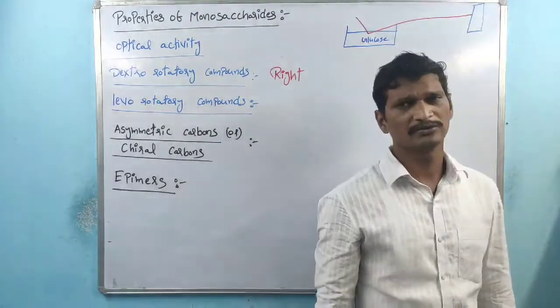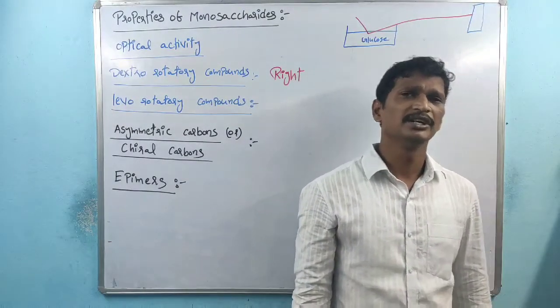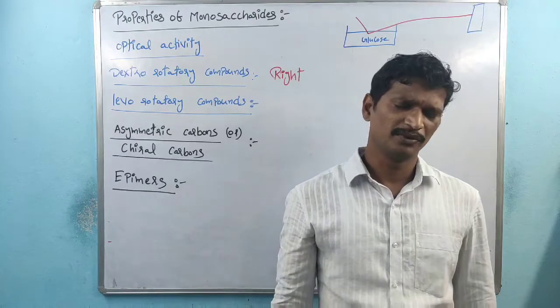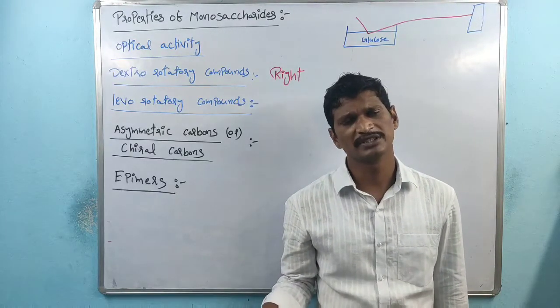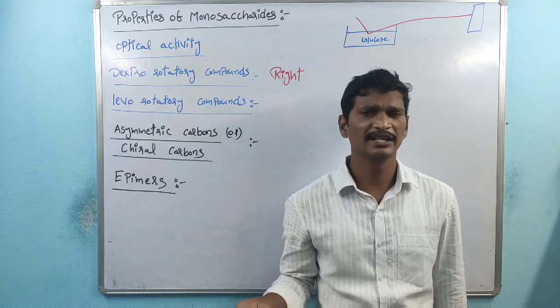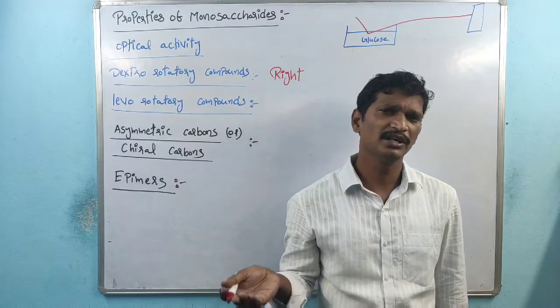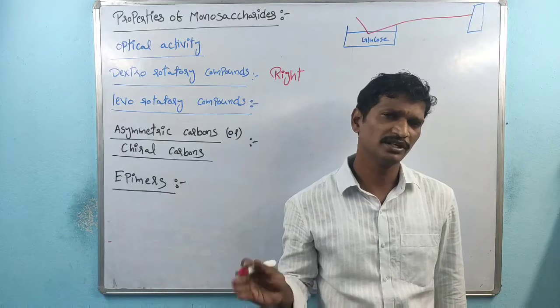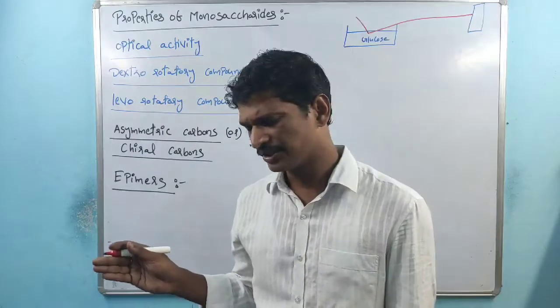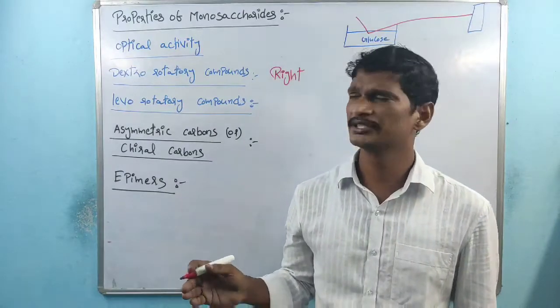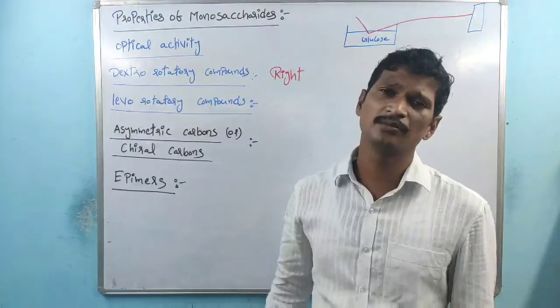We prepared one of the glucose solutions, right? Upon the surface of the solution we are passing the plane polarized light, then the light is shifted towards the right side. So that kind of activity-showing compounds are called dextrorotatory compounds.